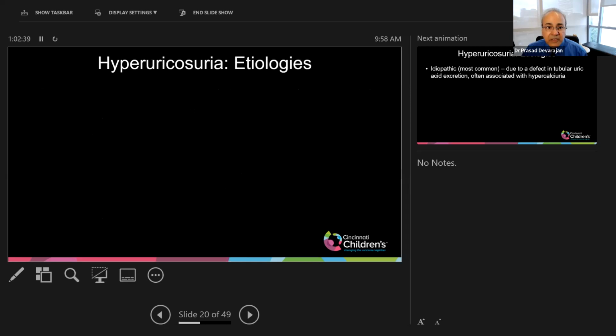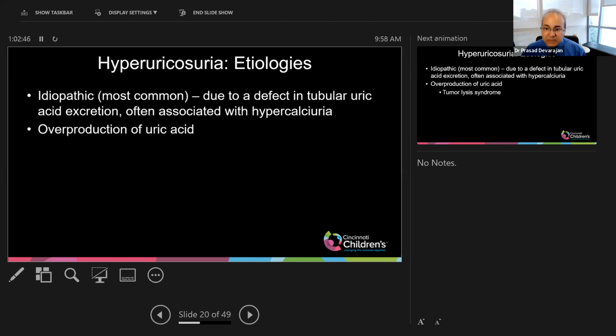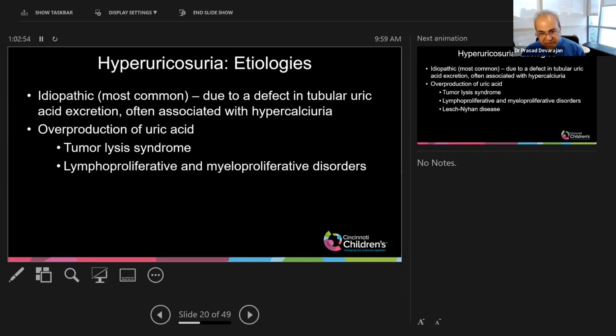Just very quickly about hyperuricosuria. Yes, mostly idiopathic. But there are some syndromes we should be aware of that cause overproduction of uric acid. You all know about tumor lysis syndrome, lymphoproliferative and myeloproliferative disorders, and the very rare Lesch-Nyhan syndrome.